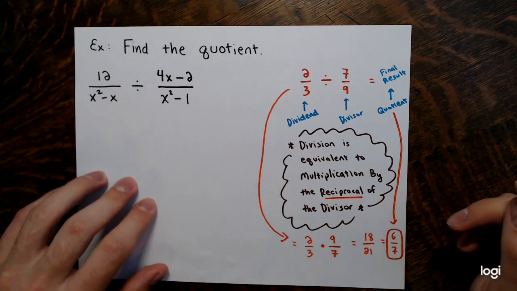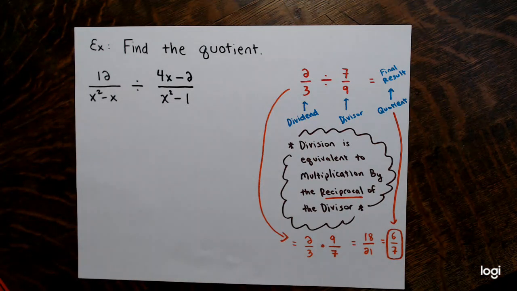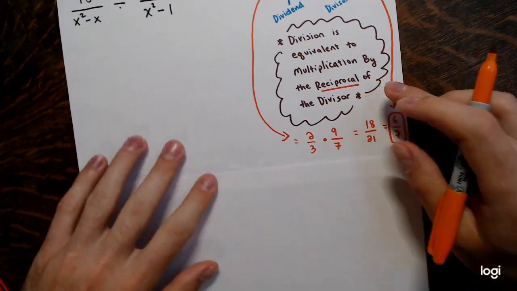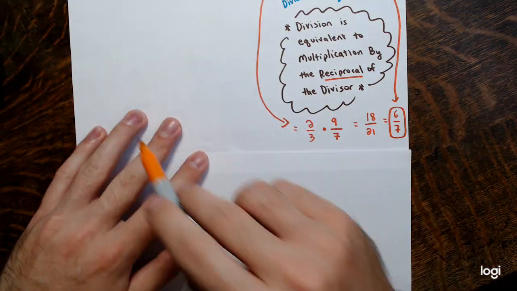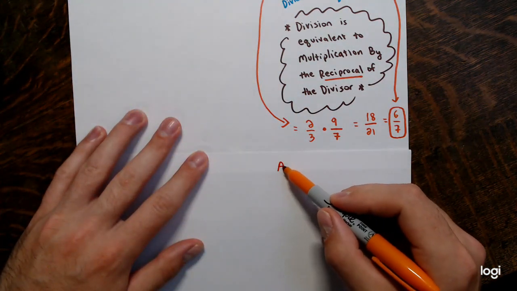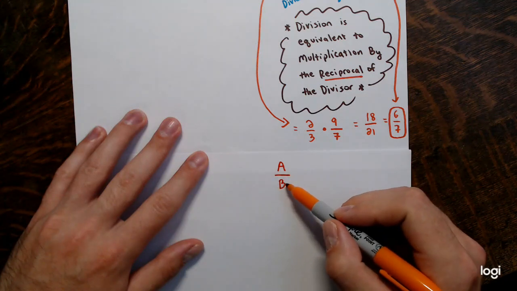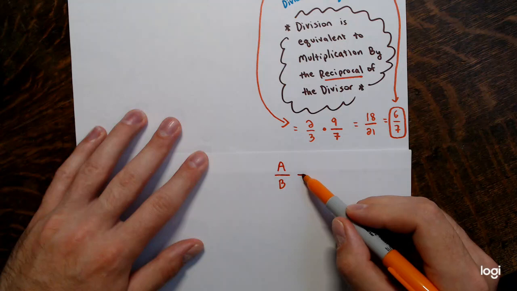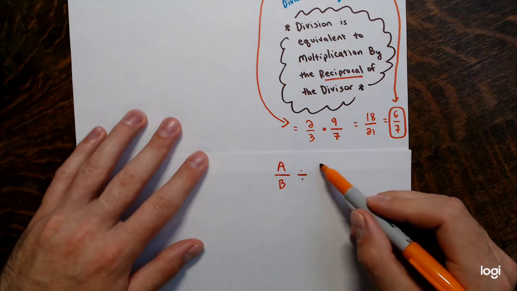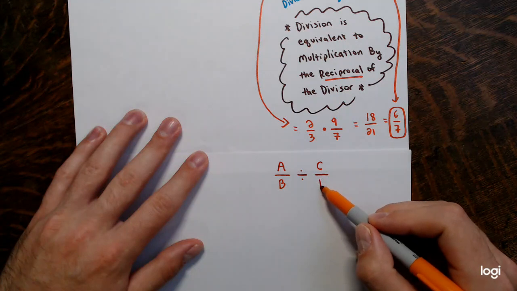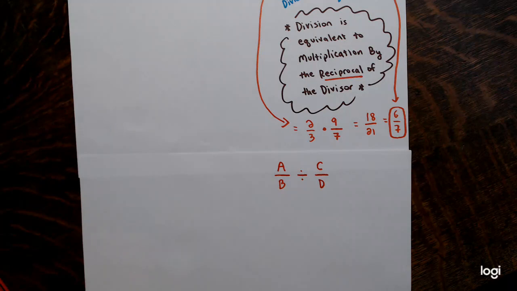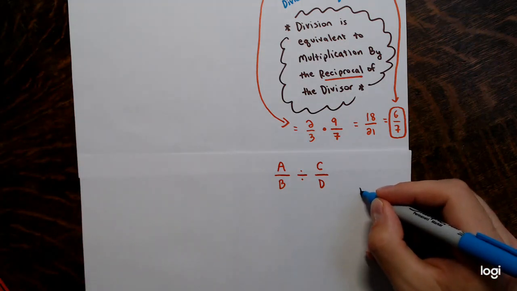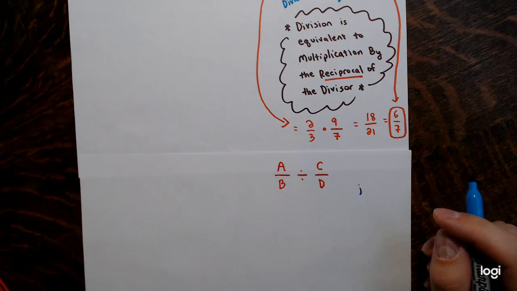In general, our division of two fractions will look like this. I'll get back to that example in a second. If I have a over b, one rational expression, divided by c over d, another rational expression, one thing I'm going to point out right away is, remember, denominators of fractions can't be 0.